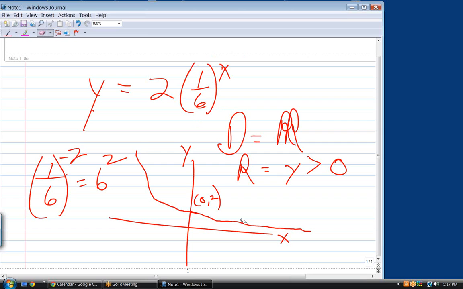So our range is y greater than 0, and in fact there's no way to get y ever to be 0. The best way I can come closest to getting y equals 0 is to let x approach infinity. But even then, y just approaches the x-axis, which is the horizontal asymptote, but it never touches it.